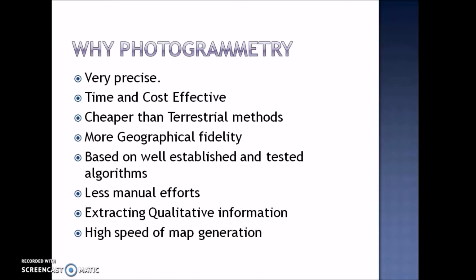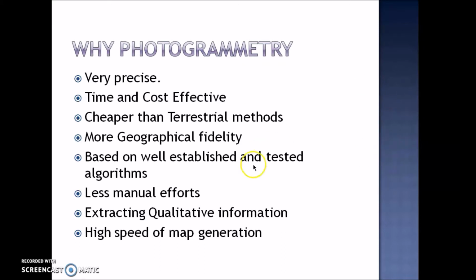Why do we actually use photogrammetry? It is cheaper than terrestrial methods. If you survey the entire area using an auto level or similar, it will be very time consuming. Photogrammetry is very precise as well as time and cost effective, cheaper than terrestrial methods, and uses less manpower and is more accurate.